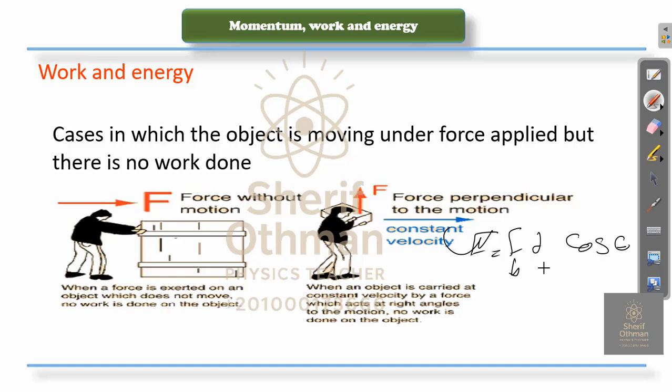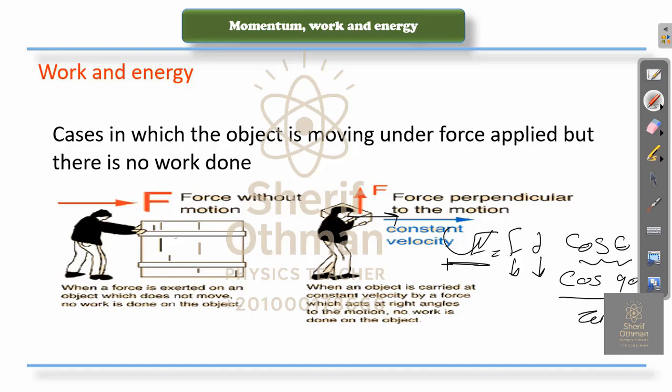Whatever the value of force is and whatever the value of displacement is, when the force is perpendicular to the direction of motion, it will be cosine 90. Cosine 90 is 0. So the value of work will be 0.